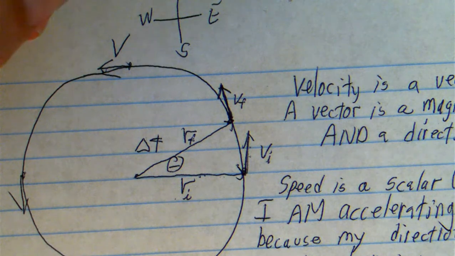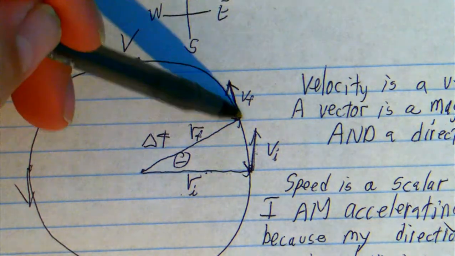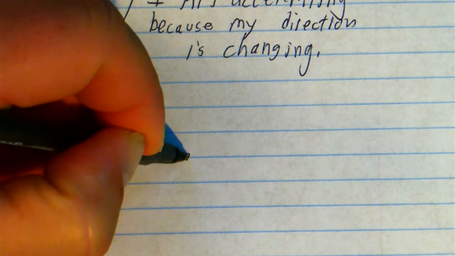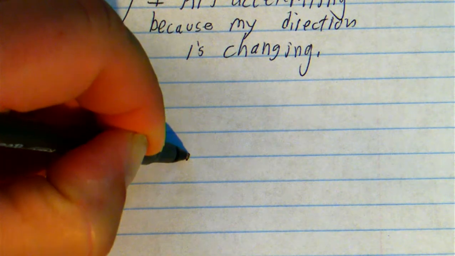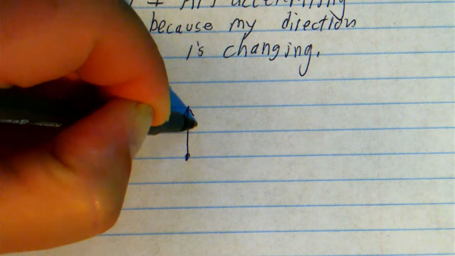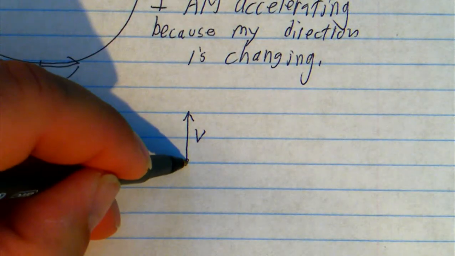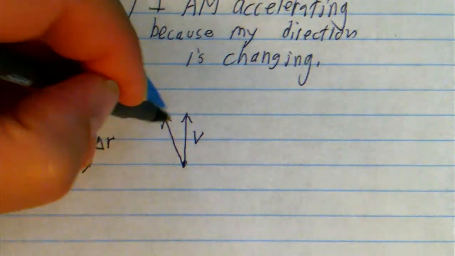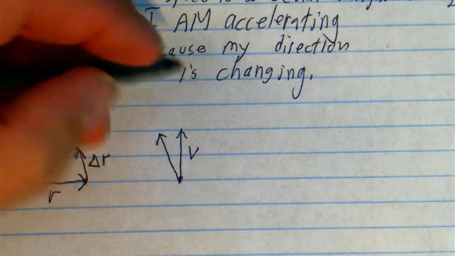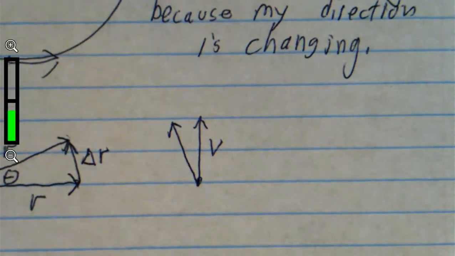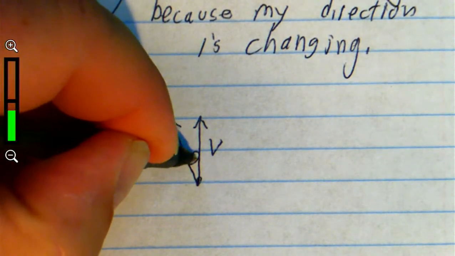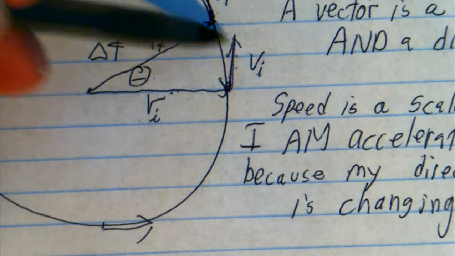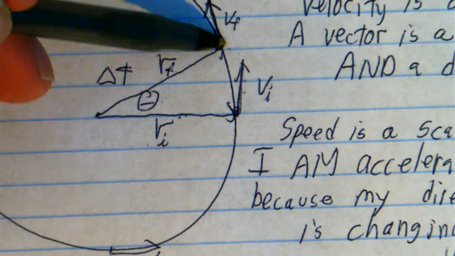I do teach math in summer school, but right now I'm not going to prove it to you, but I will declare to you that if I draw the velocity vector the way it was at first, and then the way it was that same short time later, then the angle is going to be the same. If this thing changed by 10 degrees, then this direction also changed by 10 degrees.